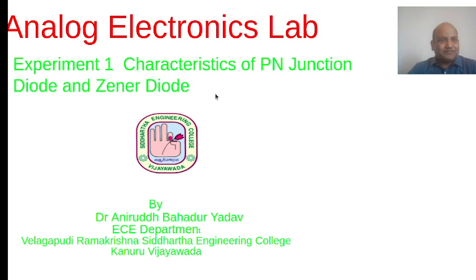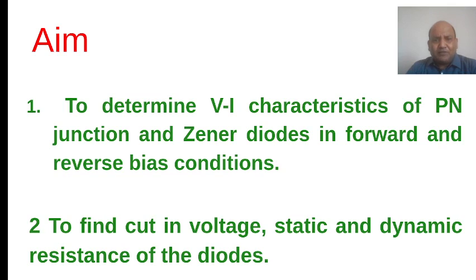This is experiment number one, characterization of the characteristic of PN junction and zener diode. The aim of this experiment is to know the IV characteristic of PN junction diode and a special type of diode called a zener diode.